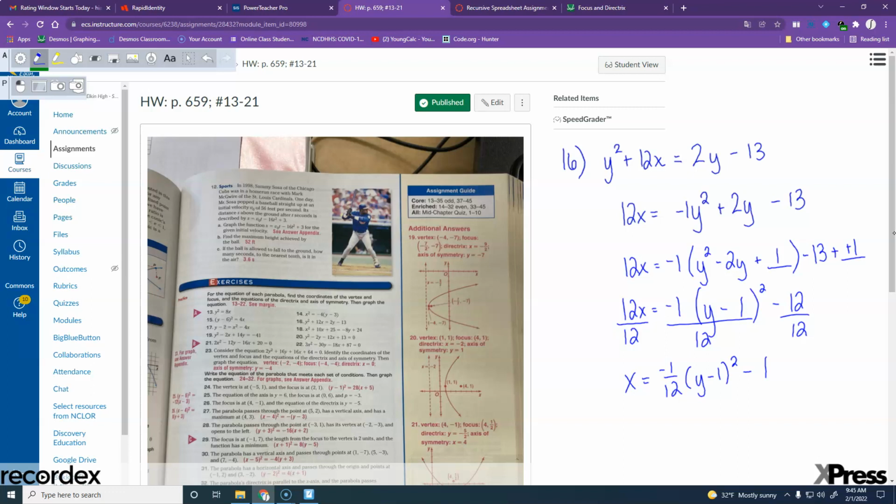And then I'll let you do the other parts of that for your vertex and directrix and all of those things. The same thing is going to happen on number 18 and number 20, where you want to just hold on to that number that's in front of your x and divide it off at the end when you're putting it in standard form.